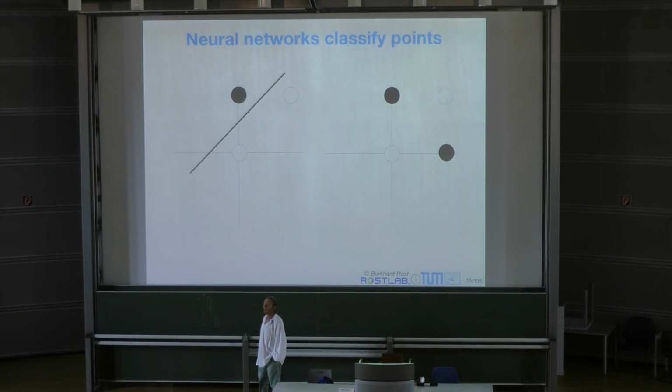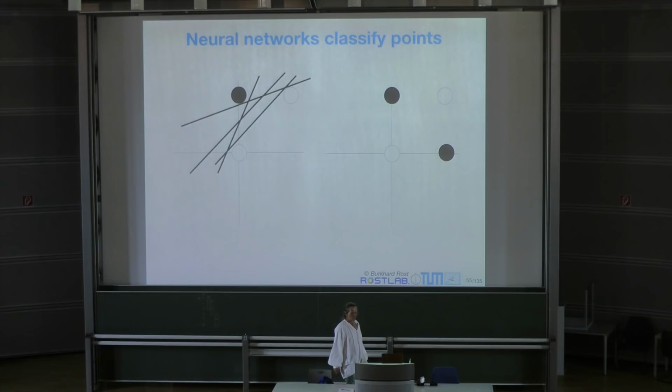What this thing can do is introduce a line to classify points. What I show here are open circles and dark circles, and there are 4 different lines that are equal in the sense they all train to 100% accuracy. So they all solve the problem completely correctly.